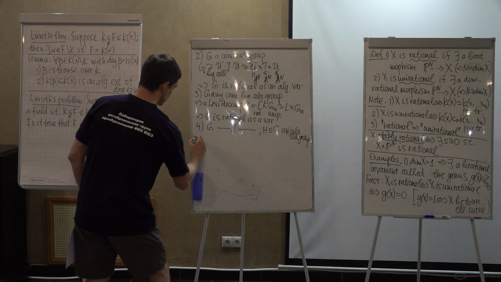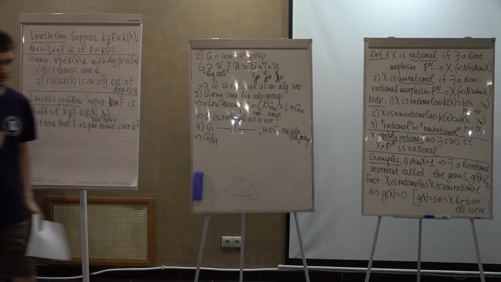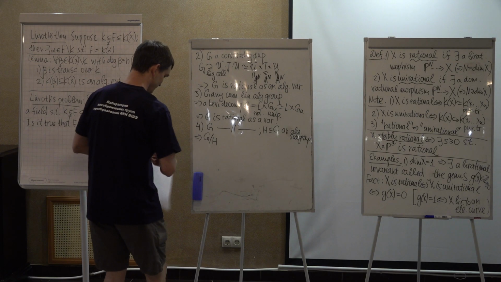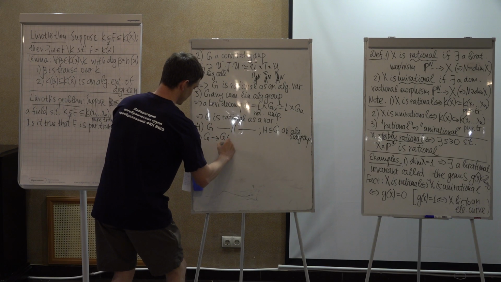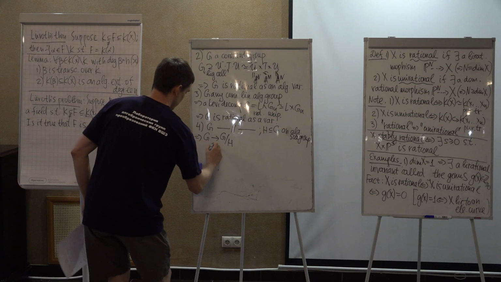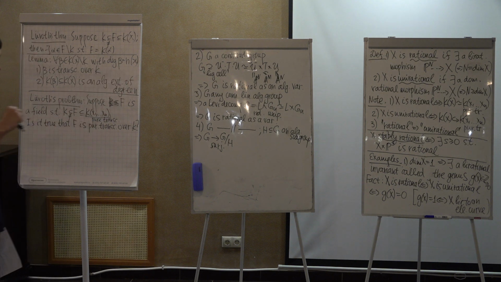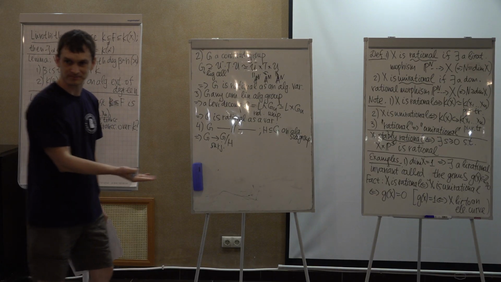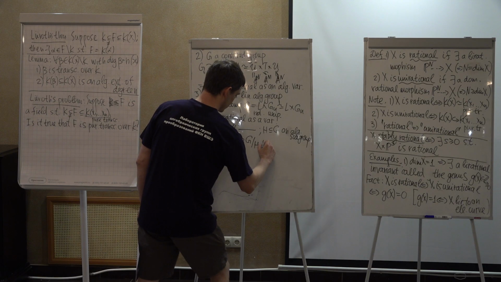And so, what can we say about the corresponding homogeneous space, G mod H? So we have a surjective morphism from G to G mod H. If you look at the definitions, you will see that this means that G mod H is unirational.